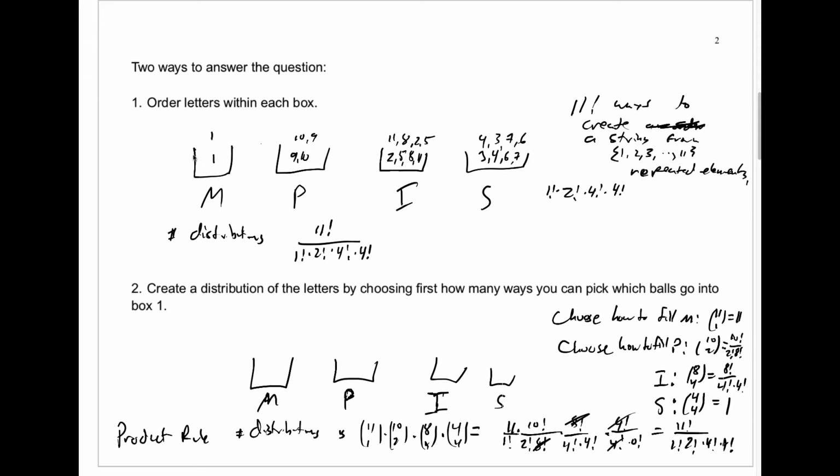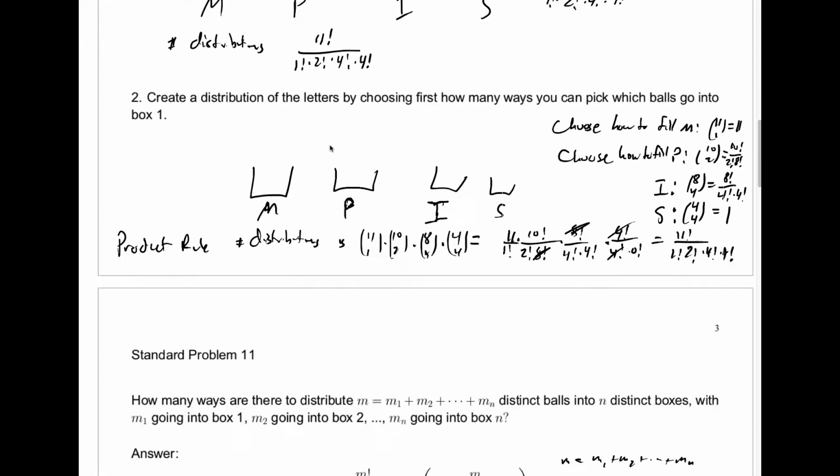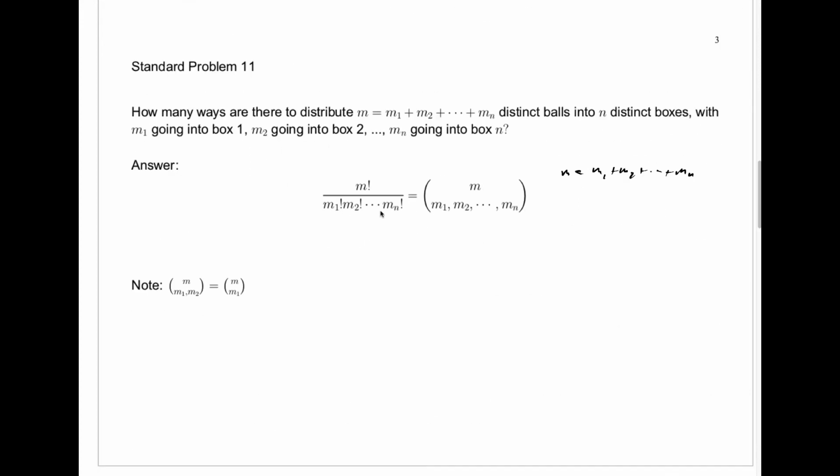You'll have M1 factorial ways of rearranging them in box 1, M2 factorial ways of rearranging them in box 2, through M sub n factorial of rearranging them in box n. And thus, of the M factorial ways to rearrange the string of distinct elements 1 through M, you can group them in groups of size M1 factorial, M2 factorial through M sub n factorial, all of which will represent the same distribution, so that quotient will represent the total number of distributions.